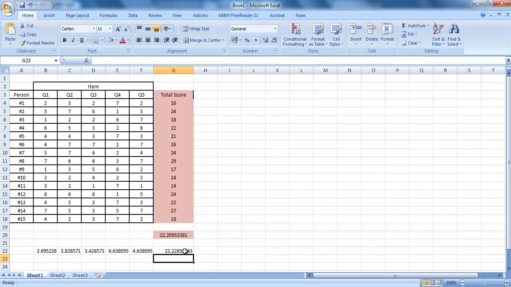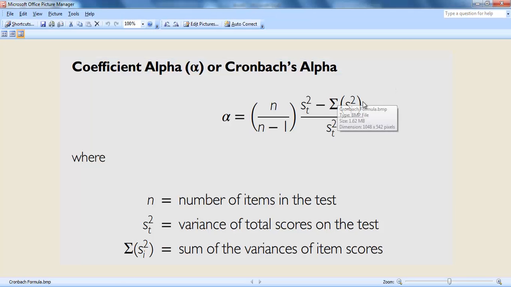You have the sum of all the item variances. So in our formula, this is it.